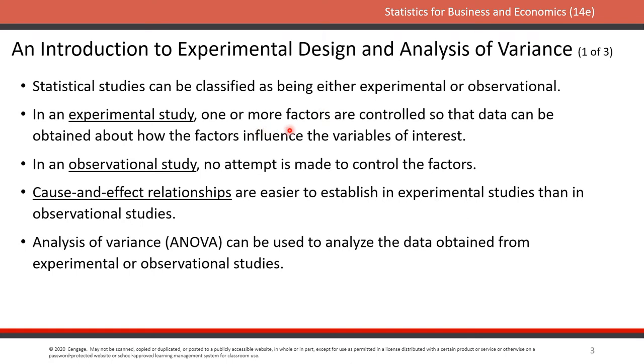So looking at the factors, we could say that we're controlling a factor so that we can figure out how it works. So thinking about this more practically, let's say we have two advertisement methods. I might pick which advertisement method I want to use with which person. So that's one way to think about this, is that I'm controlling the advertisement method.